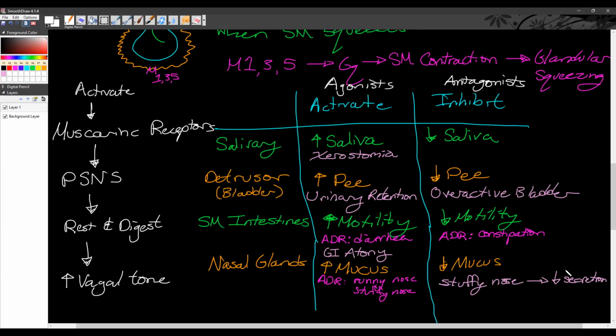One important point I want to get across is that obviously inhibiting the muscarinic receptors is going to inhibit rest and digest. Can you say that it causes sympathetic stimulation? Can you say that we're causing fight or flight?